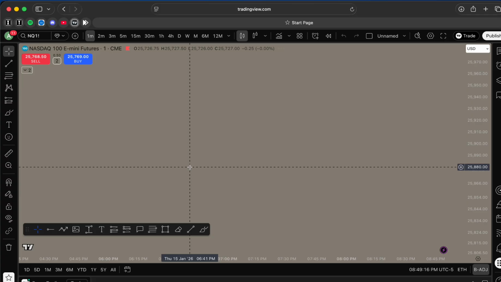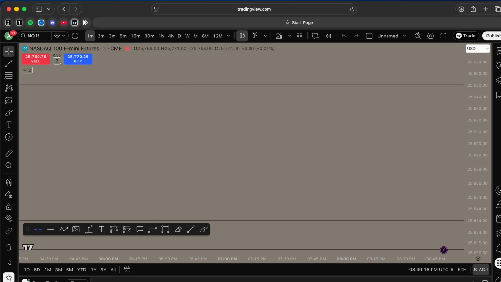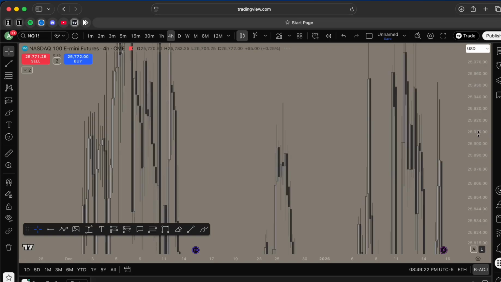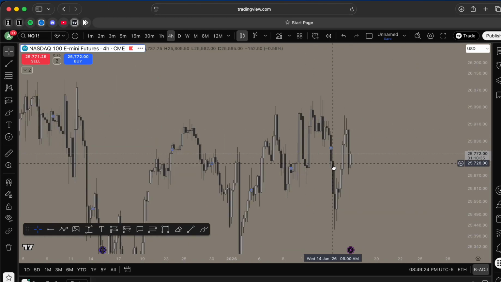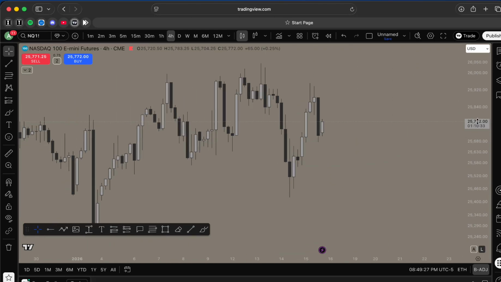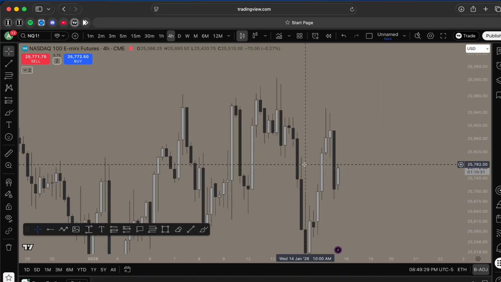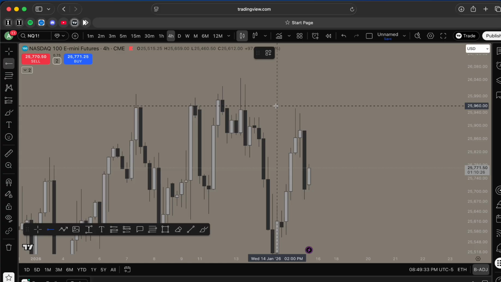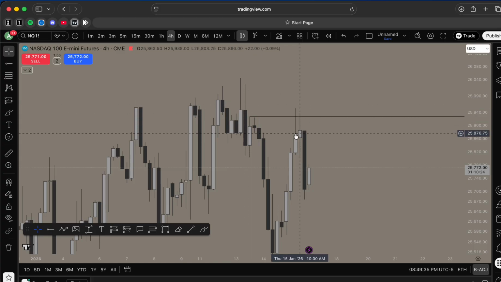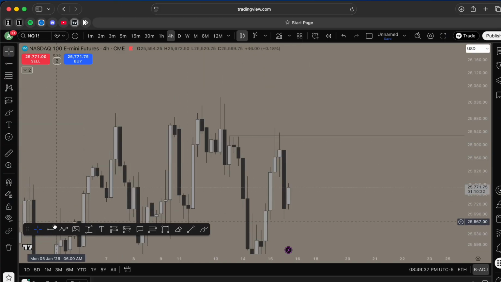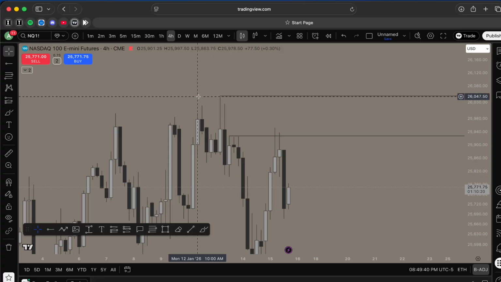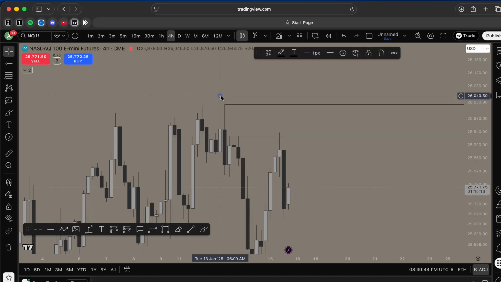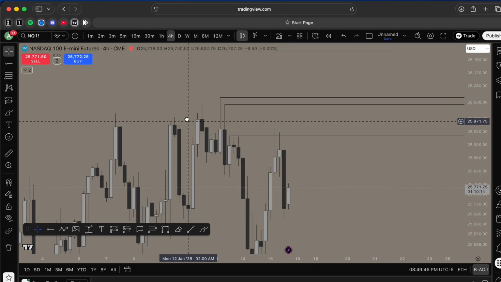Kind of break down from higher time frame everything that you need to look for. So we'll get started with the 4 hour. What I did overnight was I had these highs marked out. These are multiple relative equal highs right here, and I had this high and this high marked out.